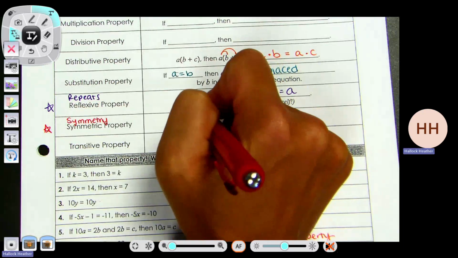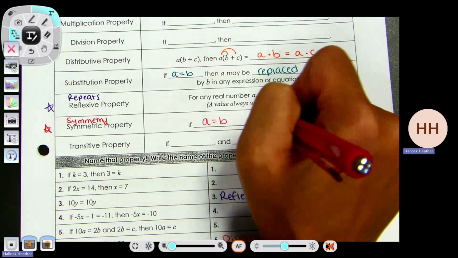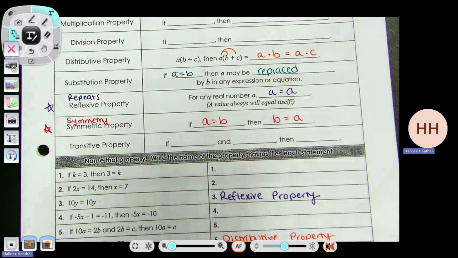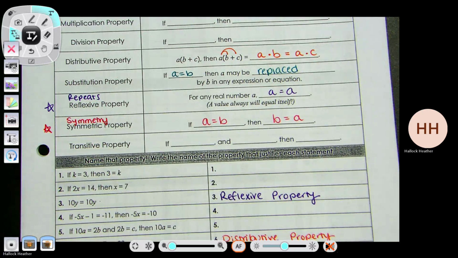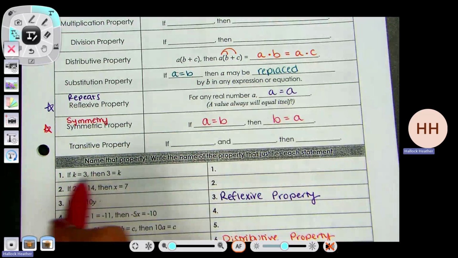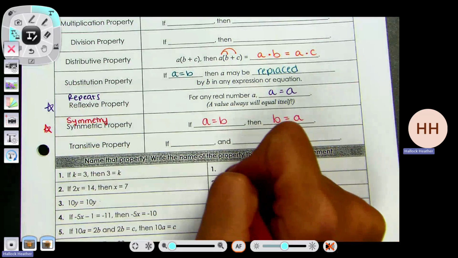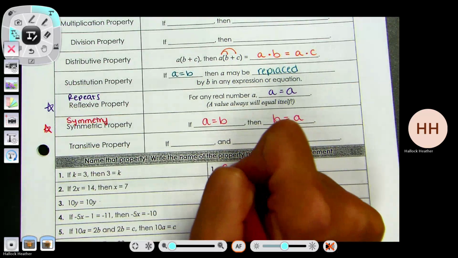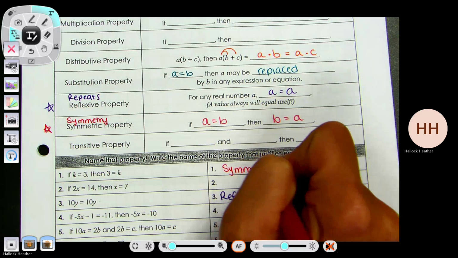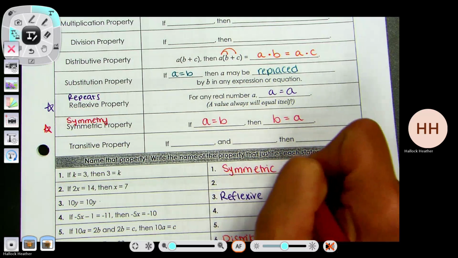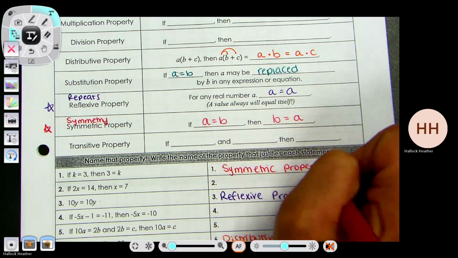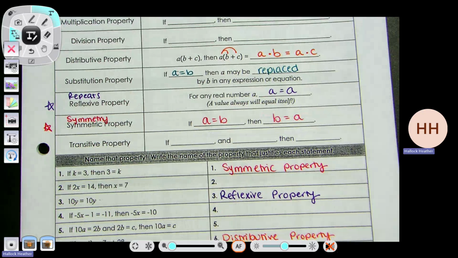So if A equals B, then B equals A. It's literally just flipping symmetry. So number 1 literally flips itself. So that is symmetric property. The other new one for geometry is transitive property.